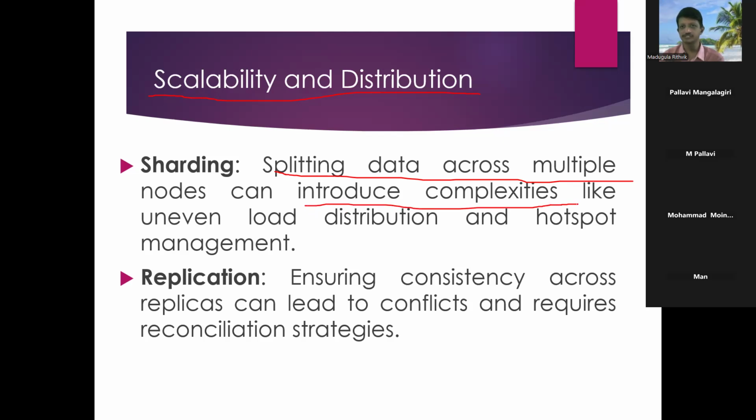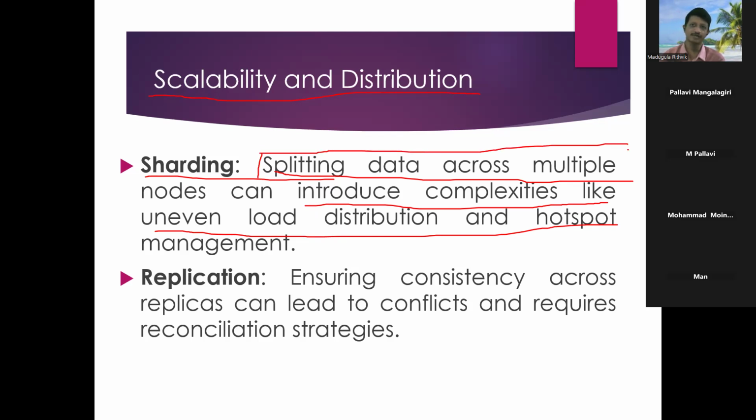It consists of certain complexities like uneven load distribution and certain networking issues that might come across in sharding. So this is also one of the major important properties in the NoSQL database. It is one of the key challenging tasks to maintain the sharding architecture and to sustain this particular architecture. This is also one of the major key issues.